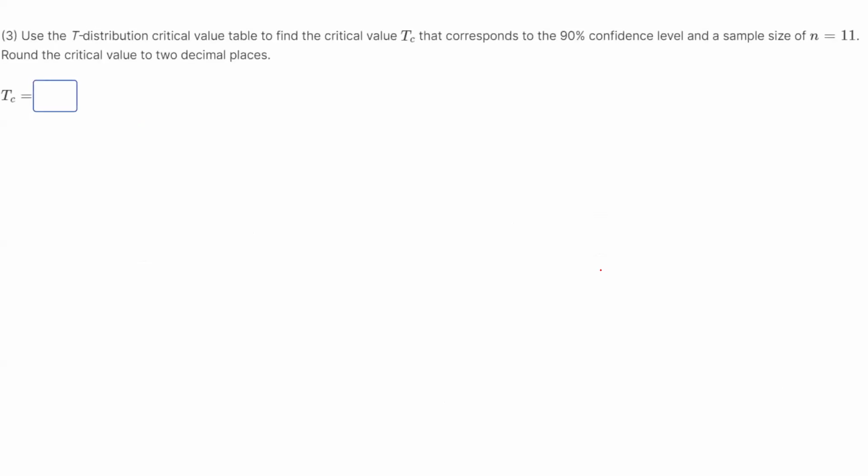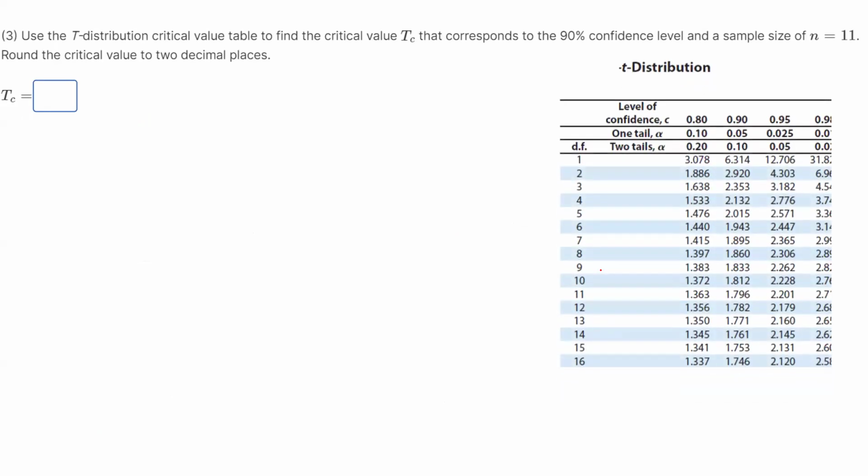And finally, use the t-distribution critical value table to find a critical value t sub c that corresponds to a 90% confidence level and a sample size of 11. So take a look. 90% on the very first row. Sample size is 11, so the degrees of freedom is 11 minus 1, or 10.